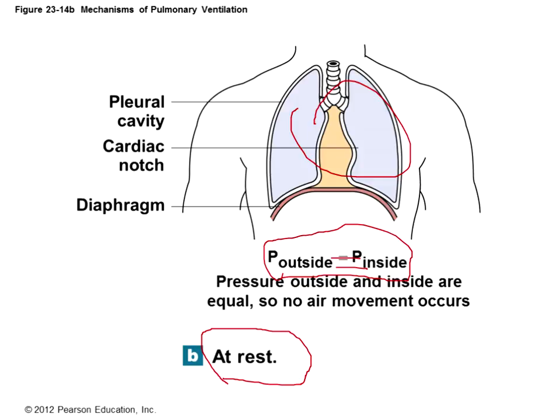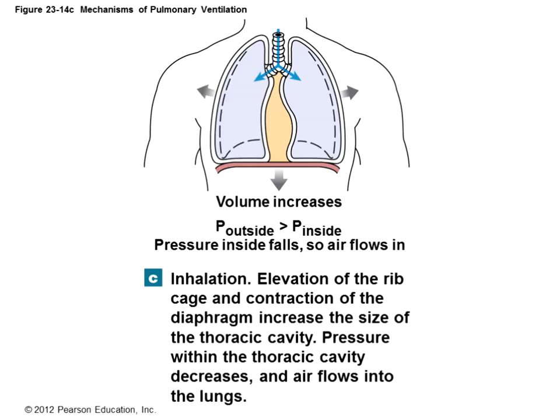The pressure outside and inside are equal, so air movement does not occur. That's why you have to breathe to get the air flowing. If you're not changing the size of the cavity, air is not going to flow. So that's why you breathe, to get things moving.